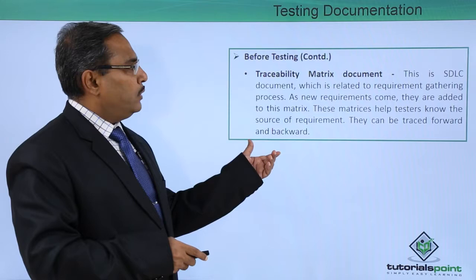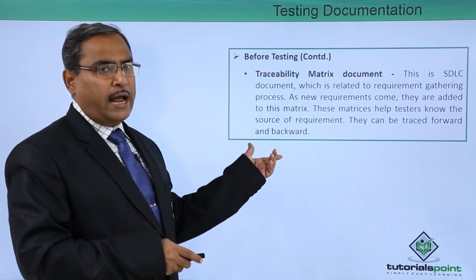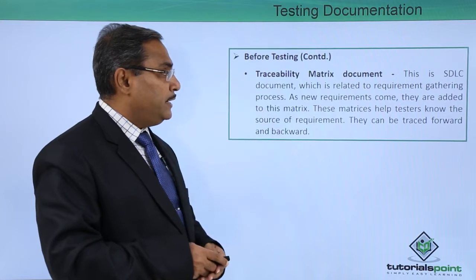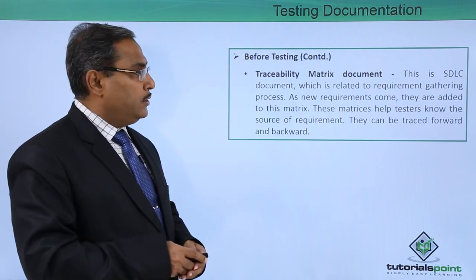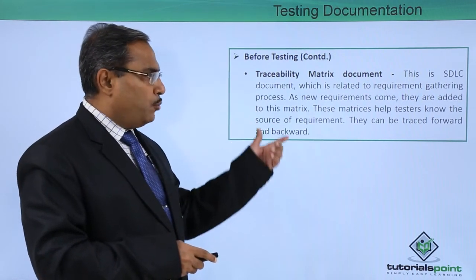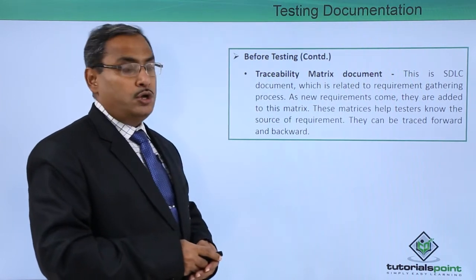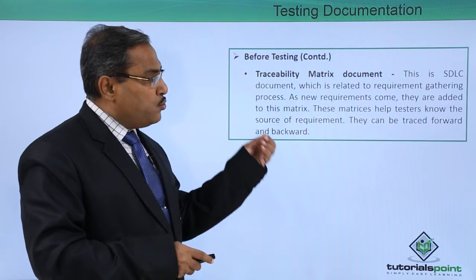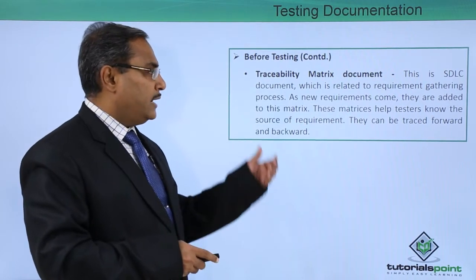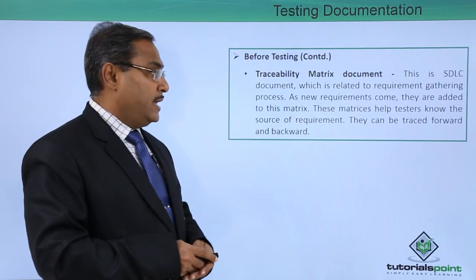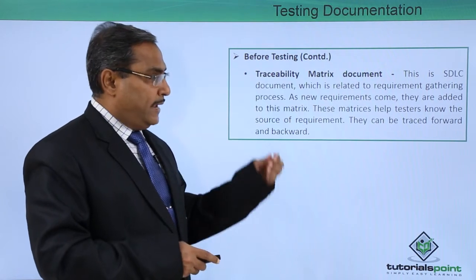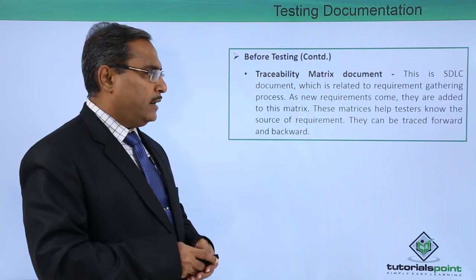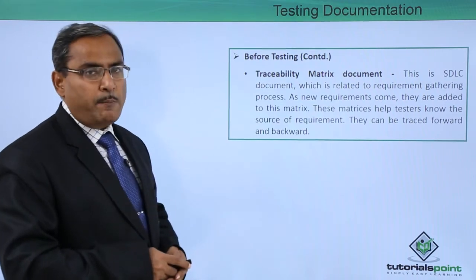Continuing with before testing, the last one is the traceability matrix document. This is an SDLC document related to the requirement gathering process, and as new requirements come, they are added to this matrix. These matrices help the tester know the source of the requirement, and they can be traced forward and backward.